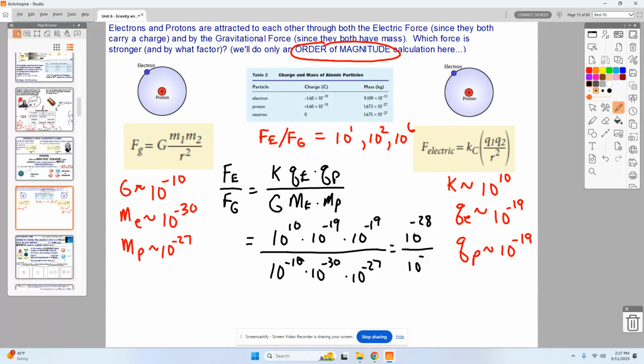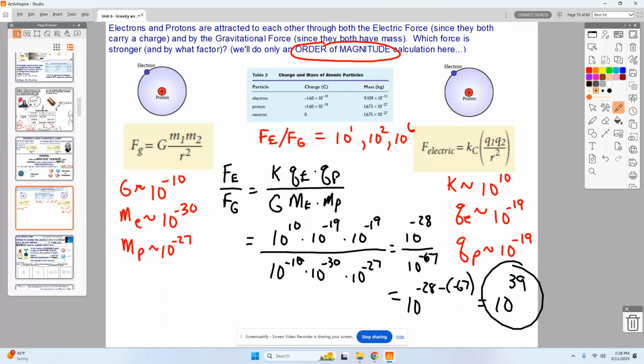Negative 67. Now, when I do the division, what do I have to do with those exponents? Subtract them. So 10 to the negative 28 minus a negative 67. Check my math here. Am I doing that correctly? Did I do that correctly? 10 to the 39th? Something must be wrong.